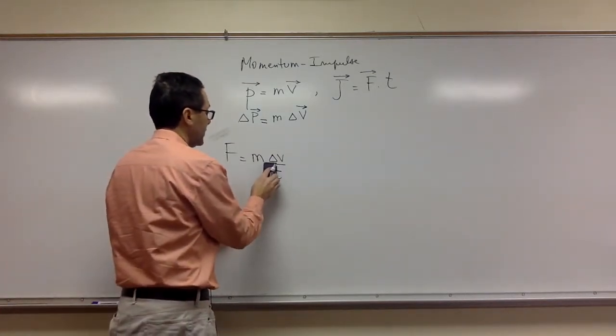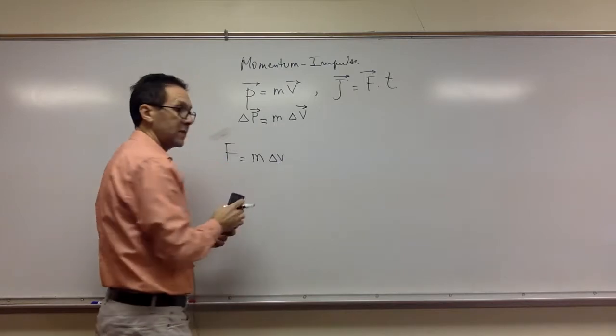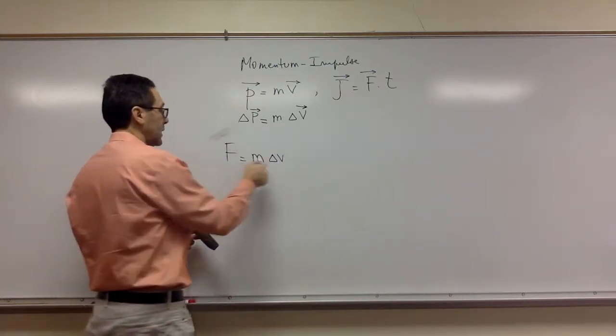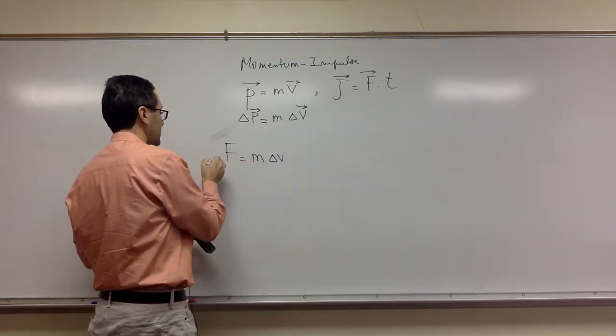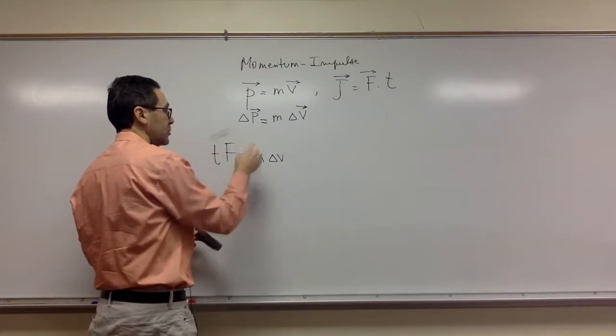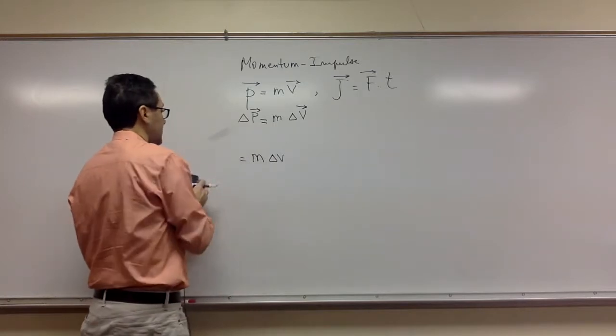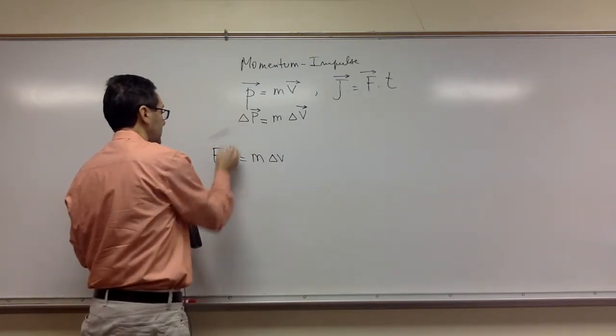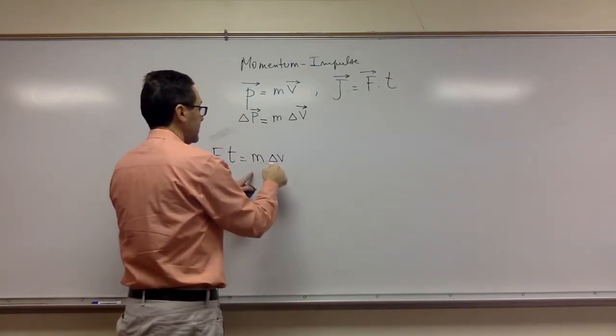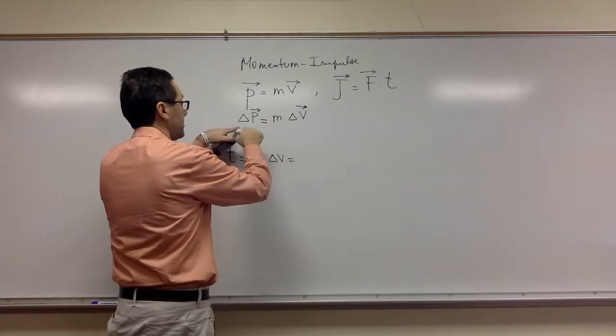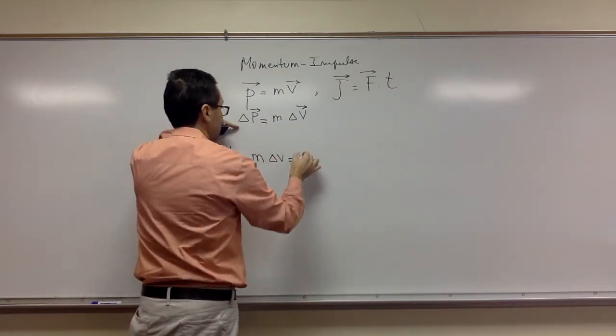So what I'm going to do here, and you take this note under derivation, okay? I take that T and I multiply it by both sides. So I get TF equals m delta V. Well, so I'm going to put it nicely here as FT equals m delta V.